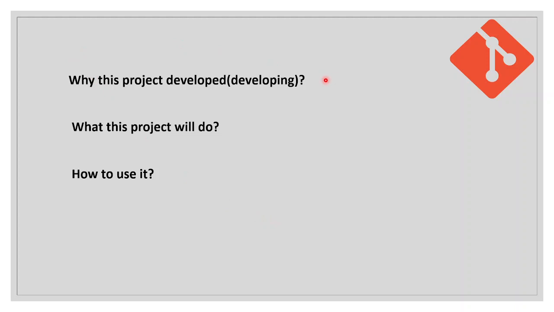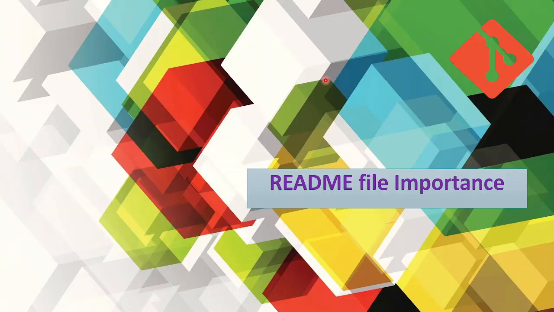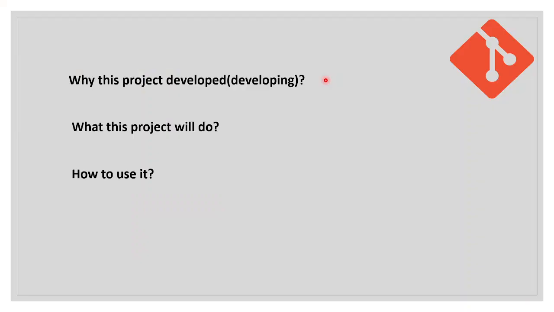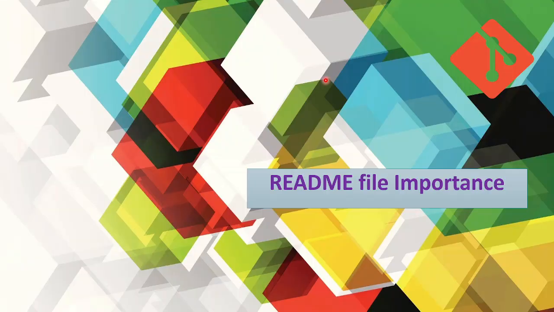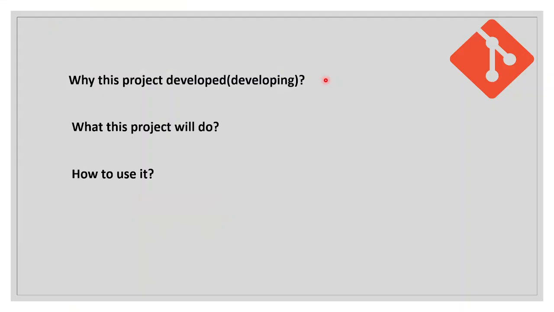If a new developer comes to the project, whenever he goes to the source code, he will visit the README file and understand what this project is about, how to work with it, and what it will do. This is for better understanding for new developers.